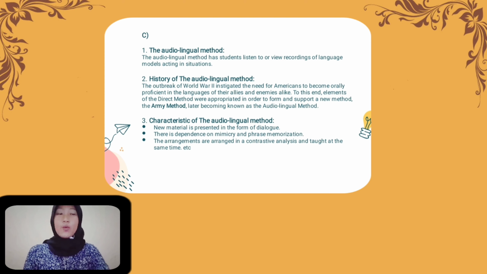Its popularity went down after 1965, partly because of a critique by Wilga Rivers in her book The Psychologist and the Foreign Language Teacher, exposing its shortcomings. It fell short of promoting communicative ability, and later studies show that it deprived students of developing ways of processing new language information in their own minds.